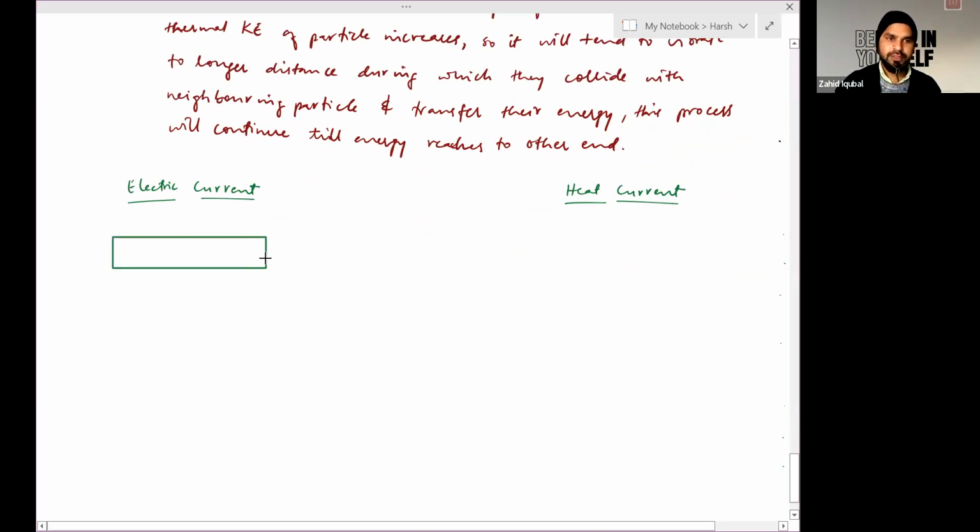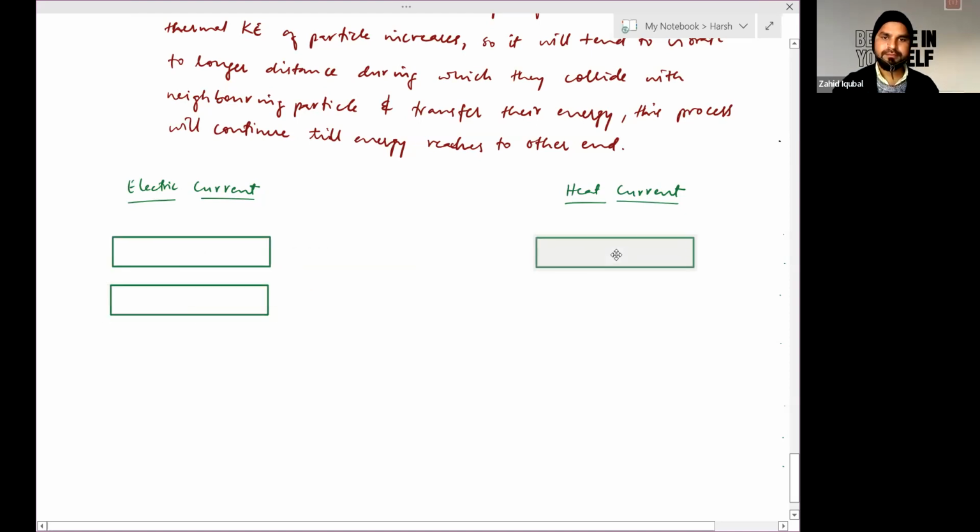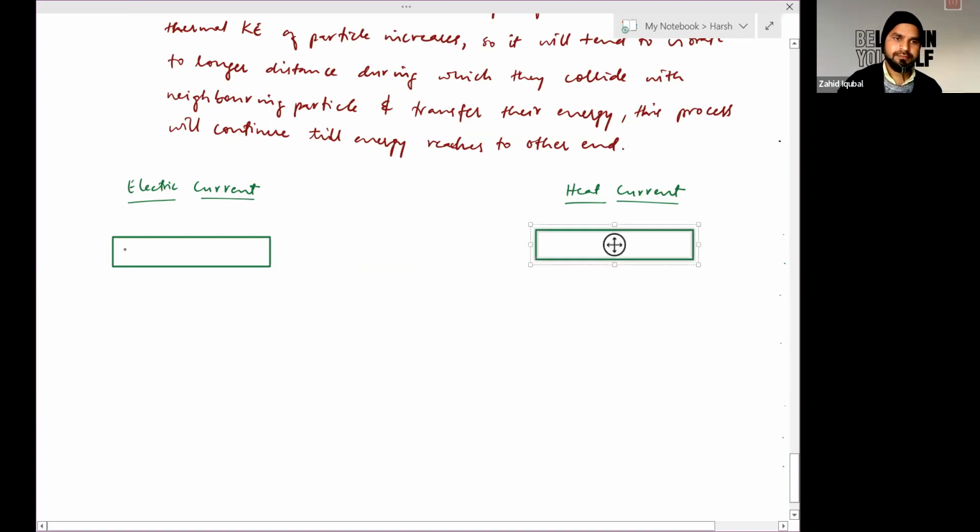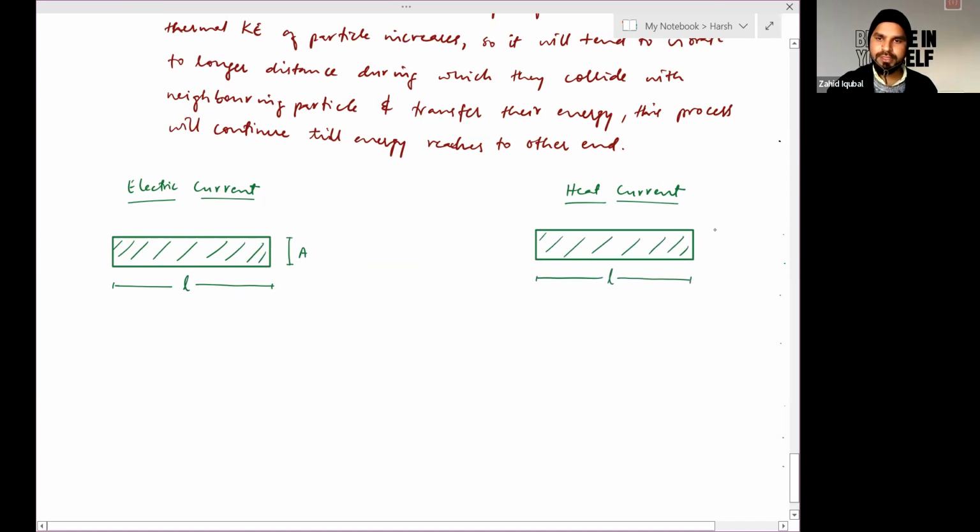Suppose I have a rod having length L from this end to this end, and area of cross section A. Similarly, in this part, the length of this rod is L, and the area of cross section is this.